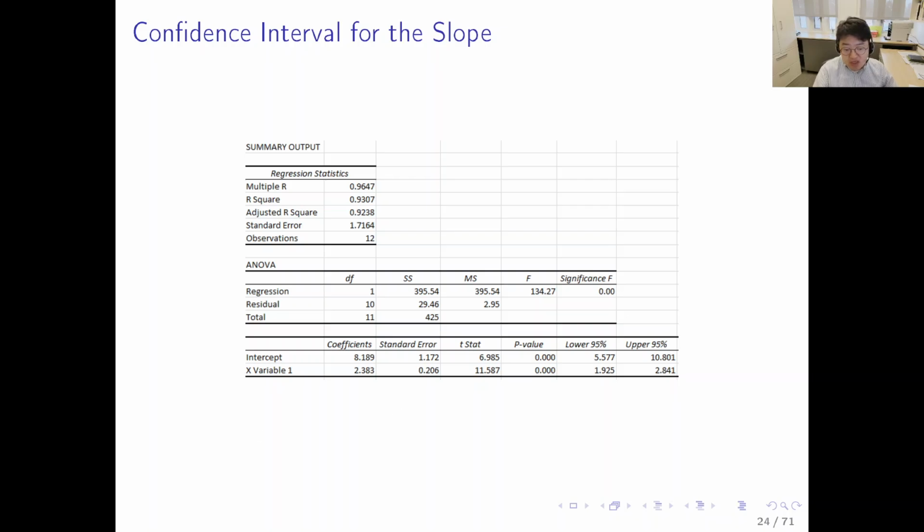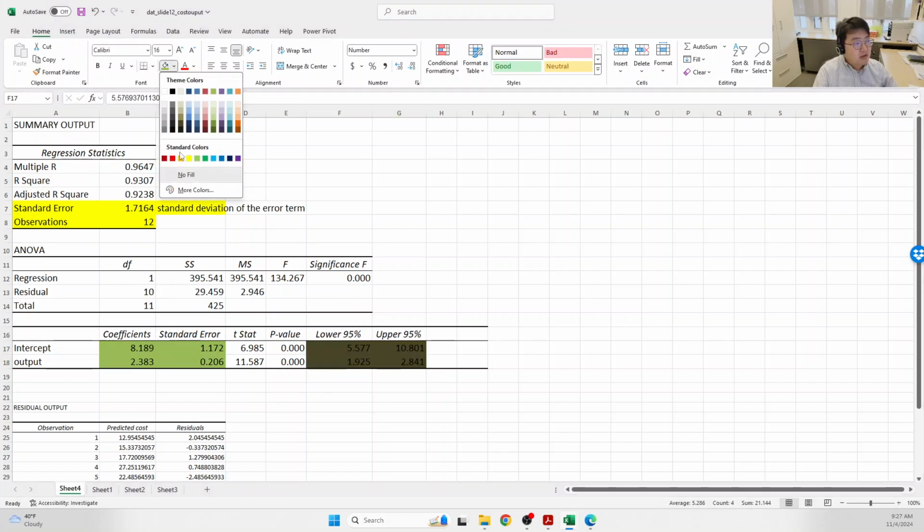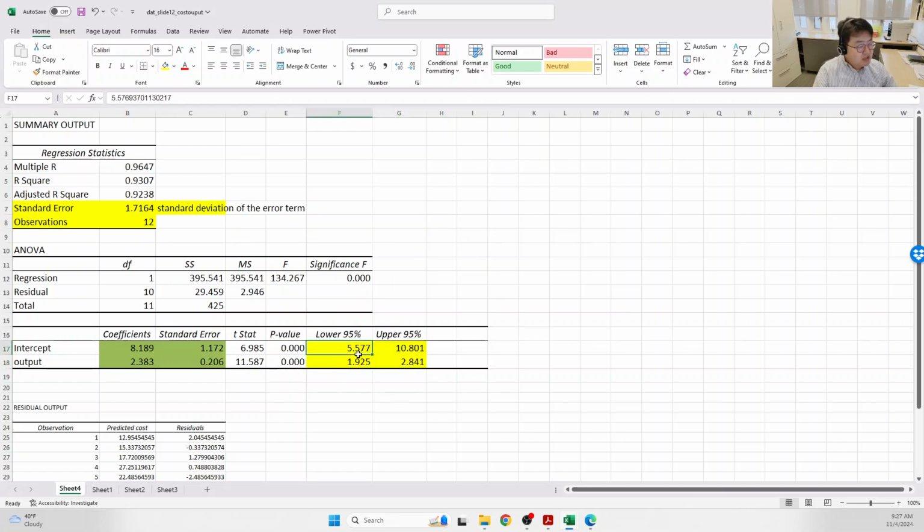Then we get these numbers. These numbers are the 95% confidence interval, right? So beta 0, the fixed cost, is somewhere between 5.57 and 10.8.